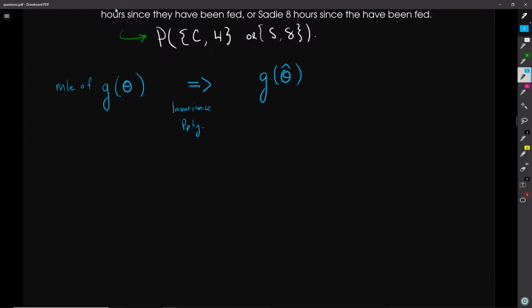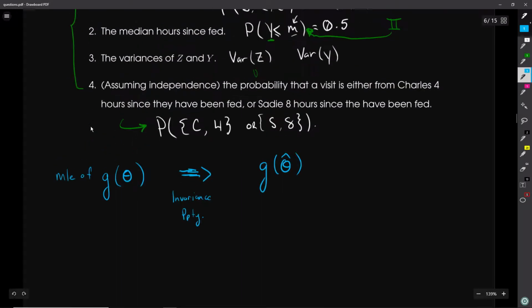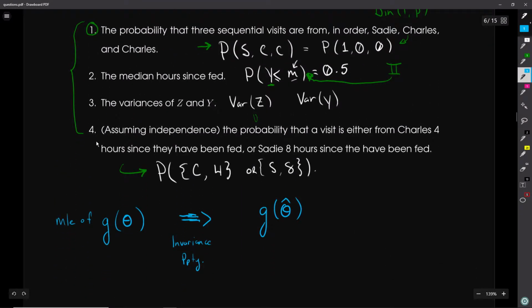Okay? And so this is always going to be true for functions of our parameters here. And so what we can do now is we can look at how we go about solving these invariance property type questions. And it's going to be following a similar set of steps, but so let's take a look.